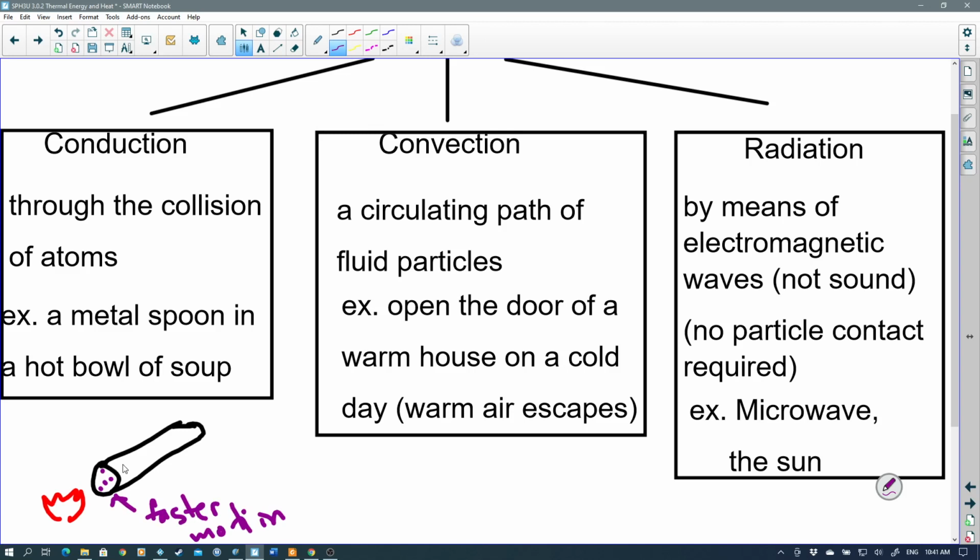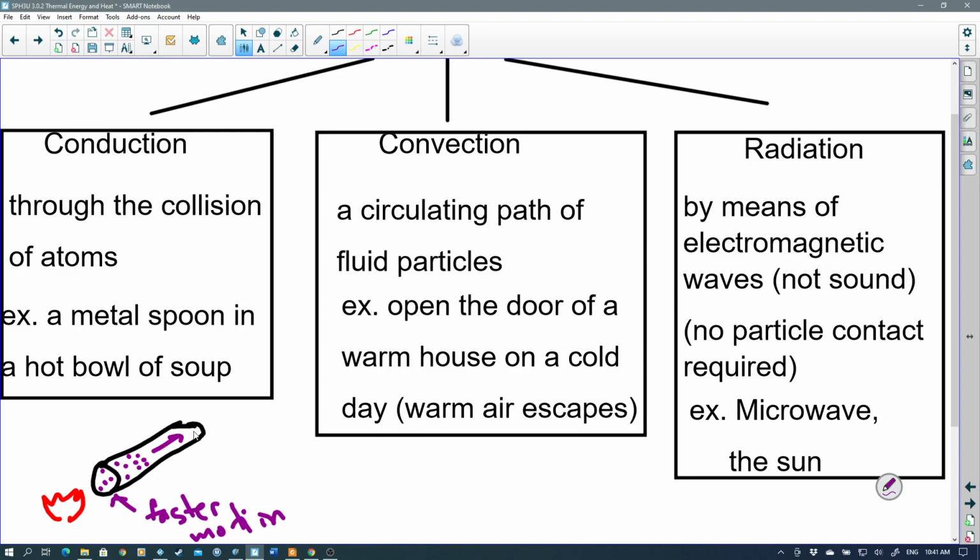And as they move faster and faster, they'll hit the molecules next to them, which will hit the molecules next to them, which will hit the molecules next to them. So the kinetic energy of those molecules is going to increase the kinetic energy of the molecules next to them as they continuously get heated by the fire. And at some point, that energy will reach the other end, and that is called conduction.